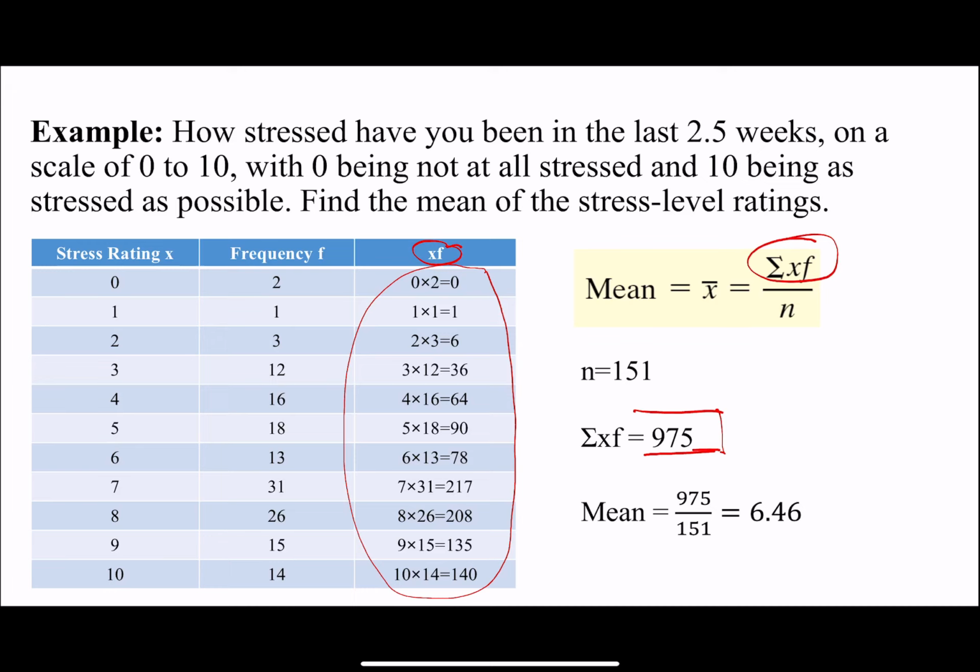That's your numerator, 975. And n, the number of data items, is the sum of the frequencies that you have. When you add all these values, you get n. When you add them all, it is 151. So the mean value is 6.46.